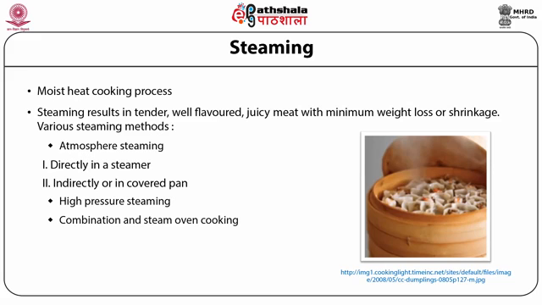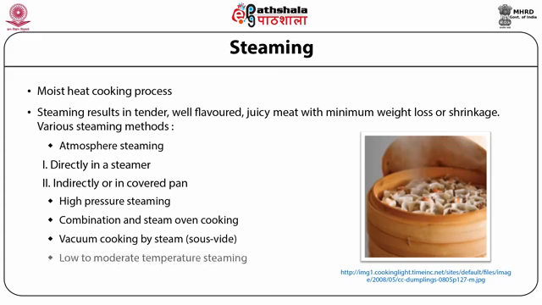Combination and steam oven cooking. A high capacity steamer oven can cook by steam using moist heat or dry heat or a combination of both. Vacuum cooking by steam, also called sous vide, is used to cook food in vacuum sealed plastic pouches by a combination of steam and convection oven between 70 to 100 degrees Celsius.